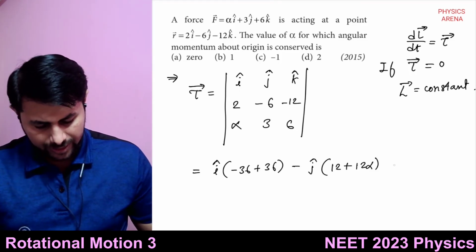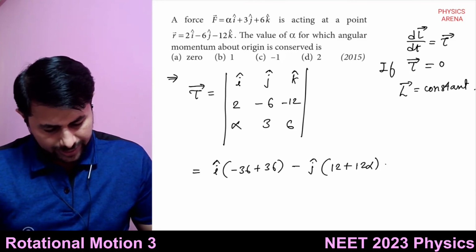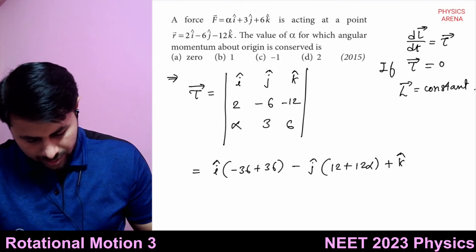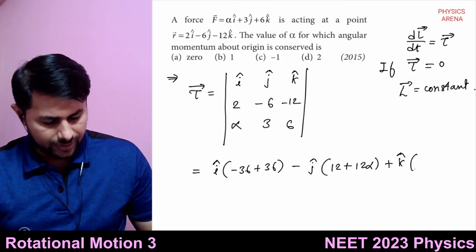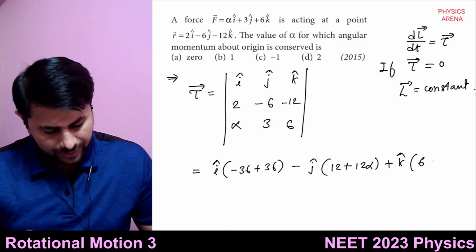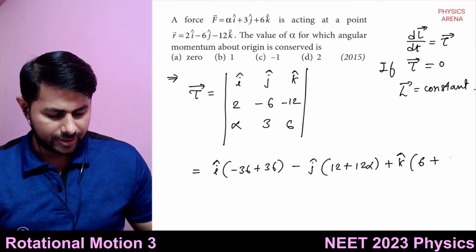Then plus k cap times 3 times 2, which is 6, minus 6 alpha.